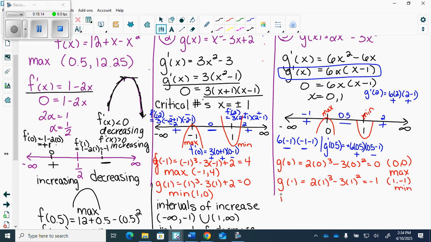And then my intervals of increase are negative infinity to 0, or 1 to infinity. And my intervals of decrease are 0 to 1.